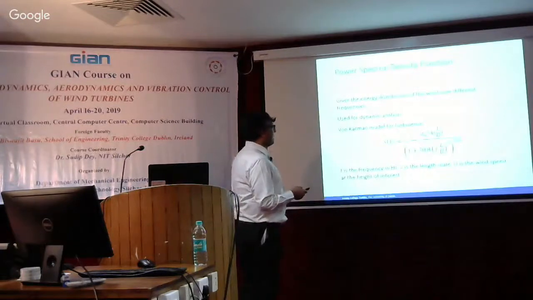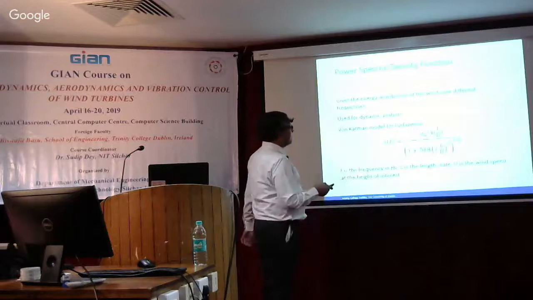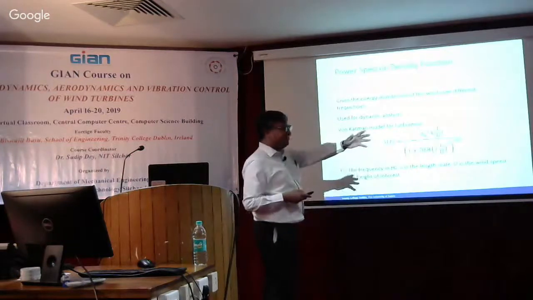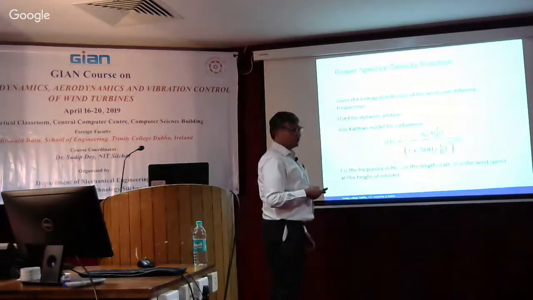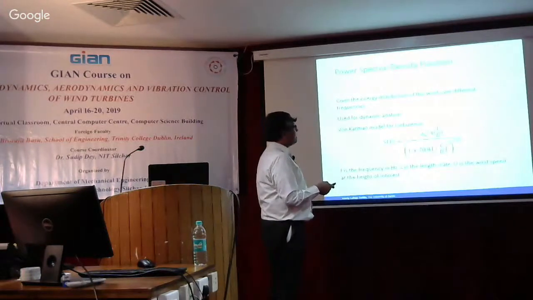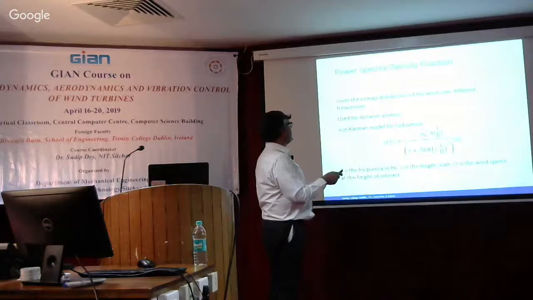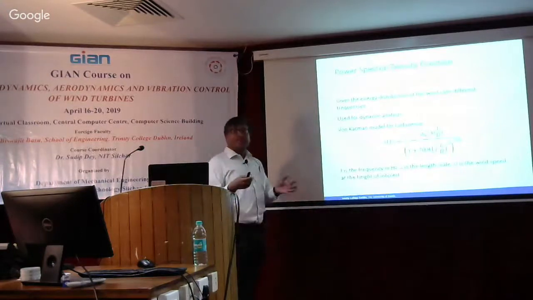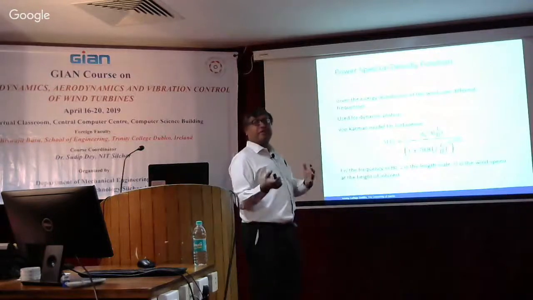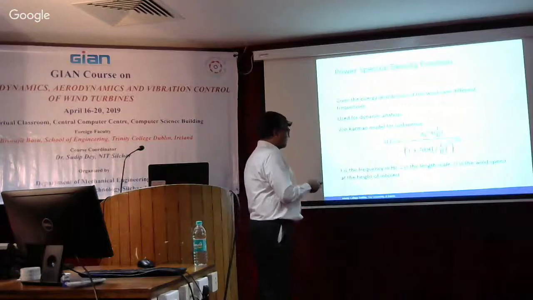This is the variance of the wind speed, which we have computed from the data. The length scale has now been obtained based on the autocorrelation analysis. U is the mean wind speed, we know what it is. F is the frequency, and this is the function which tells us how the energy is distributed over various frequencies. So this is the turbulence structure. Given wind data, you can do the analysis and find the corresponding turbulence spectra.